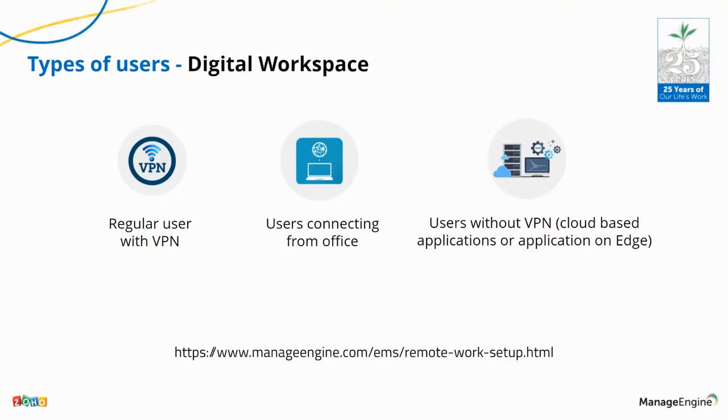The three different types of users will have different types of devices as well. We will have mobile phones, laptops, desktops, and some kiosks. But all these endpoints fit into these three types of connections to those business applications. Three types of users that we usually see.